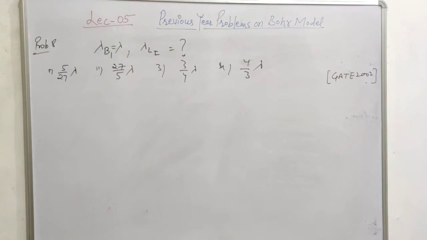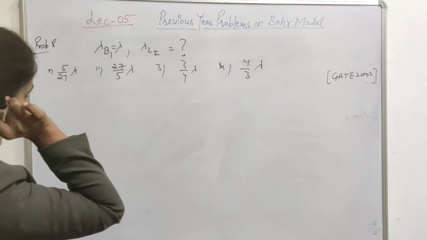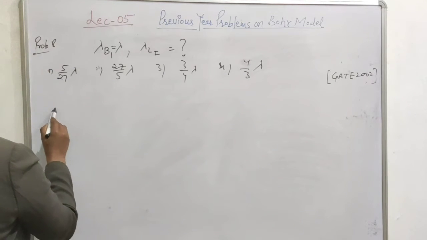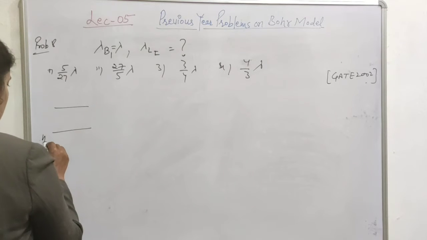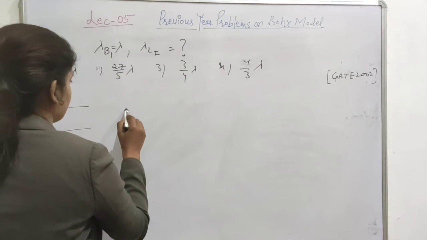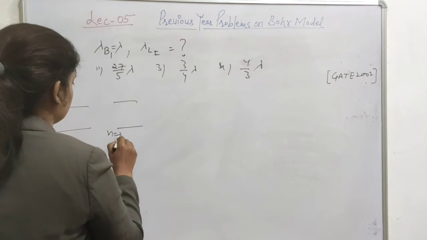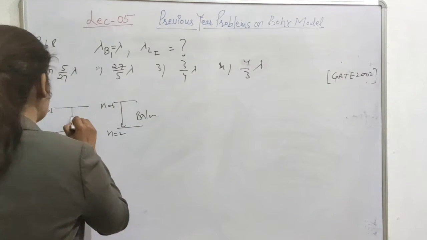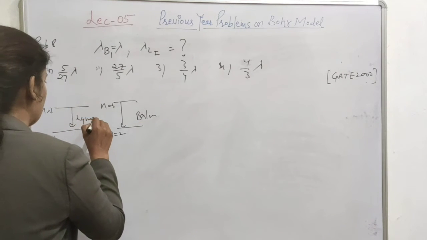What will be the value for the wavelength of the Lyman series? In the case of the Lyman series, the first line transition is from n2 to n1, and for the Balmer series from n3 to n2. This is Balmer and this is Lyman series.